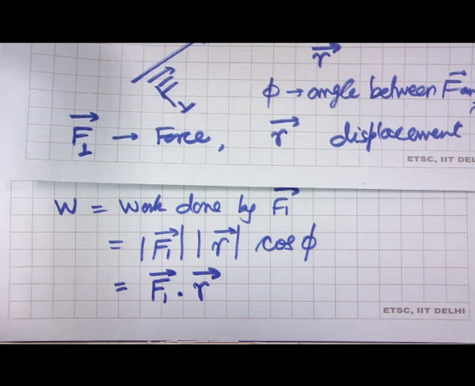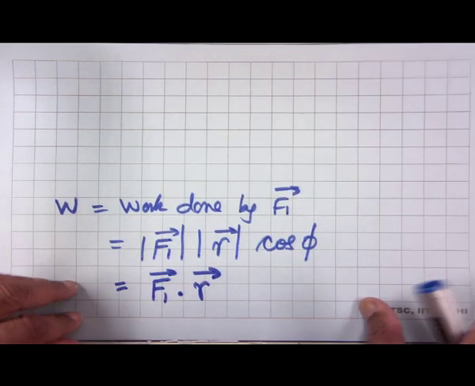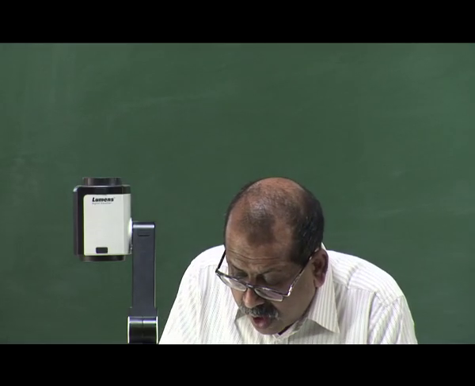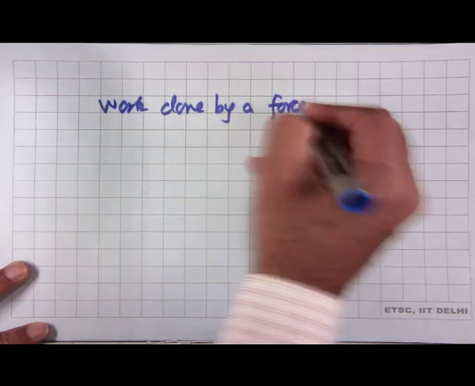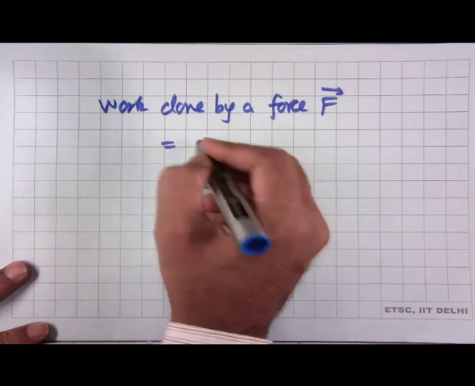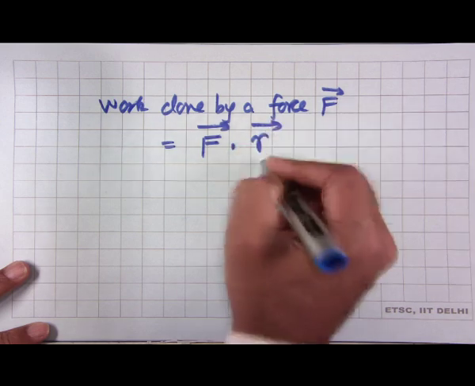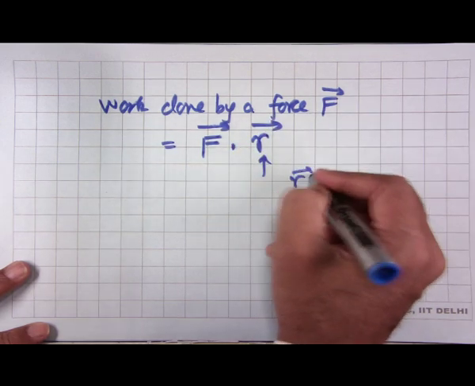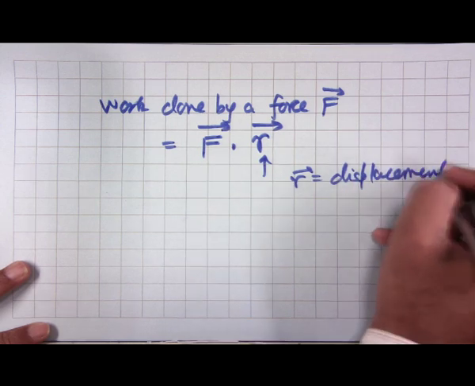Therefore, the work done by a force F will be equal to force dotted with the displacement vector, where R is the displacement vector.